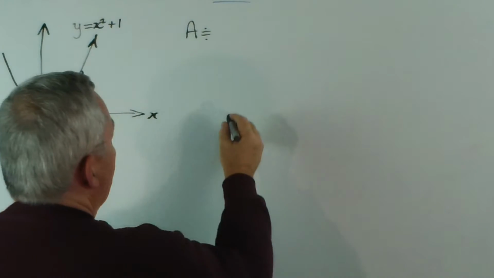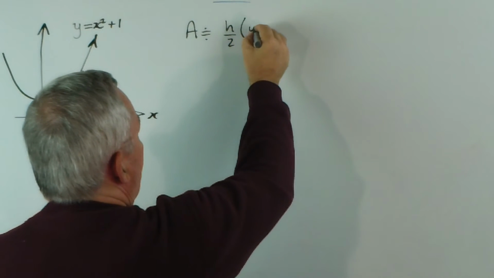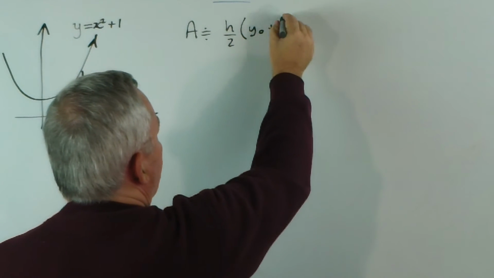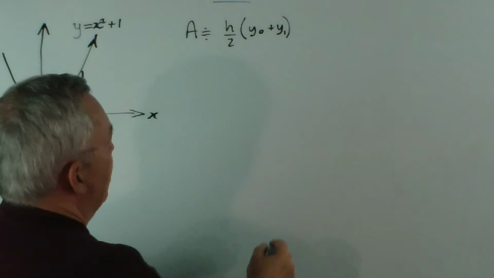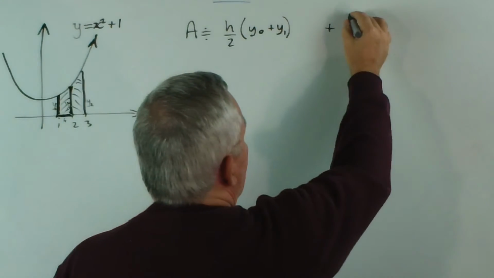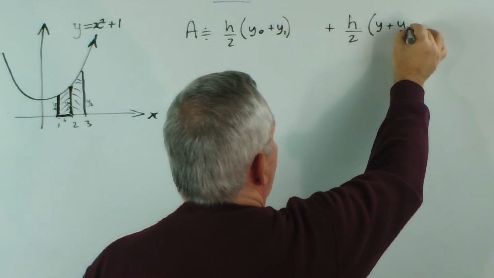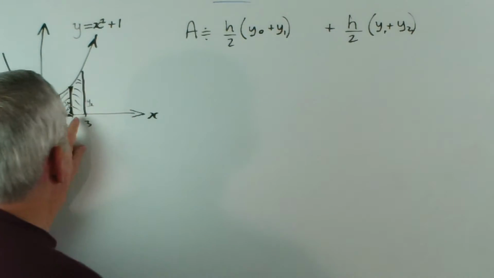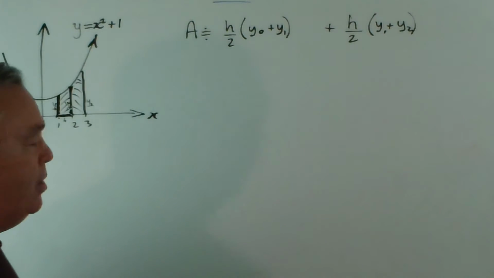So you'd find that the area of the first strip would be h on 2, y0 plus y1, plus the area of the second strip would be h on 2, y1 plus y2, because y1 and y2 are the lengths of the second trapezium.